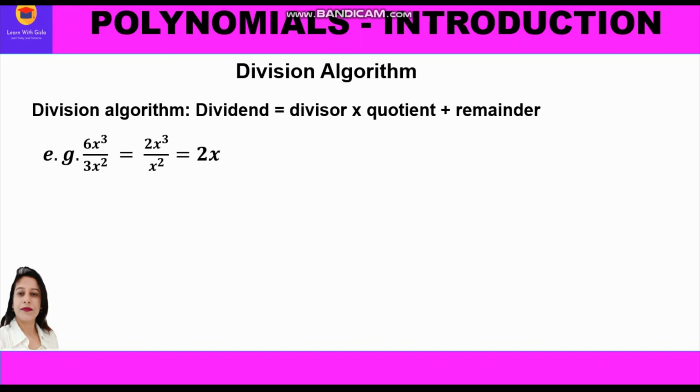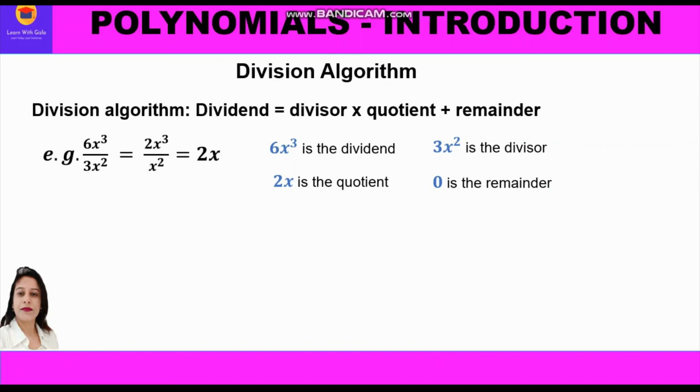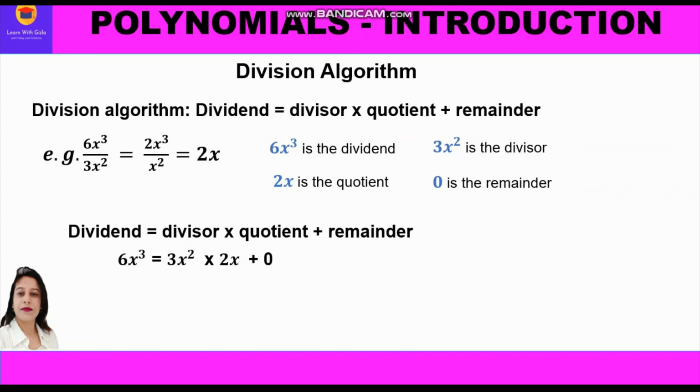So we can say over here that 6x cube is the dividend, 3x square is the divisor, 2x is the quotient, which is the result we have got by dividing the dividend by the divisor, and 0 is the remainder. Now we shall substitute these values in our division algorithm, that is dividend is equal to divisor into quotient plus remainder, and we write 6x cube is equal to 3x square into 2x plus 0.